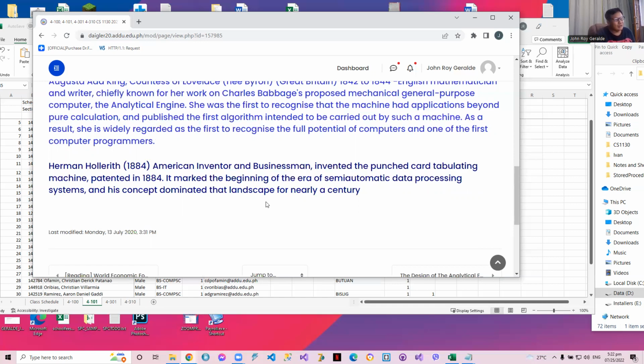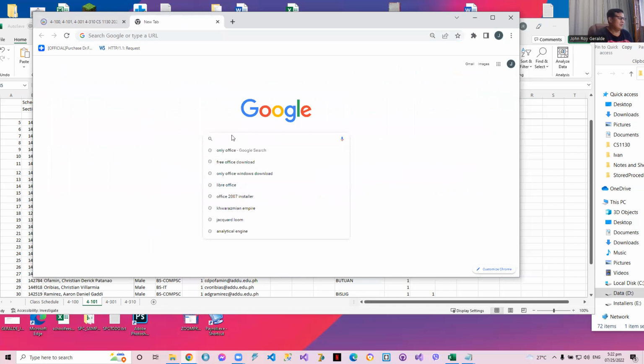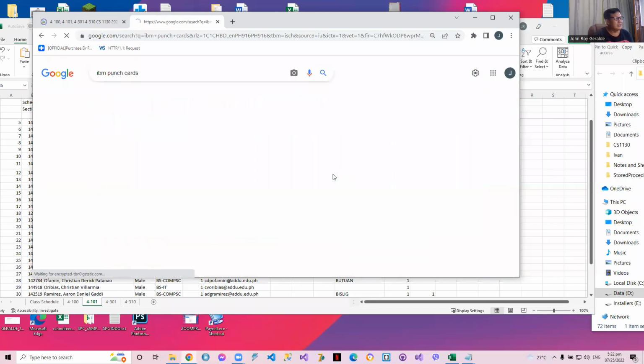Do you follow? It was actually patterned after the Jacquard loom. This time, it no longer uses fabric weaving machines, but a mechanical punch card machine. So here's an IBM punch card.